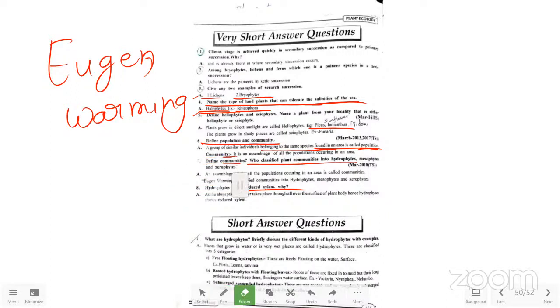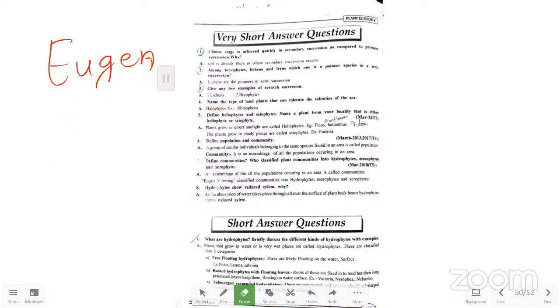So in this, what are the important questions we can expect for the exam? Hydrophytes show reduced xylem, why? This question. And define communities, and who classified the plant communities into the hydrophytes, mesophytes, and xerophytes. Define population and community, and define heliophytes and sciophytes.